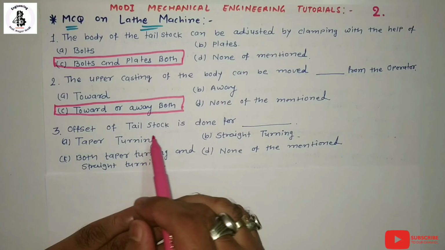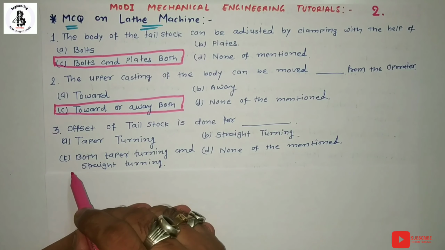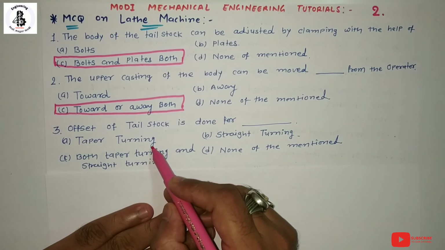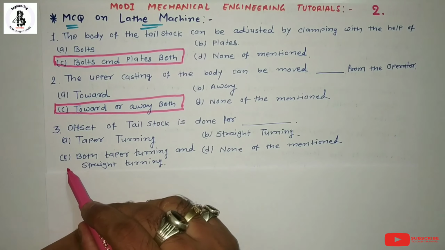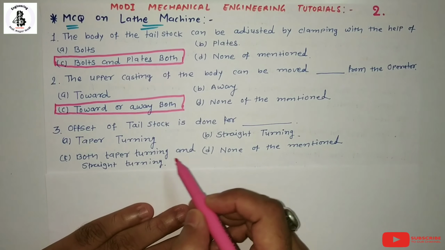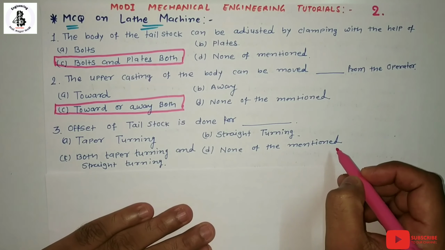Offset of tailstock is done for. Option A, taper turning, option B, straight turning, option C, both taper turning and straight turning, and D, none of the mentions.